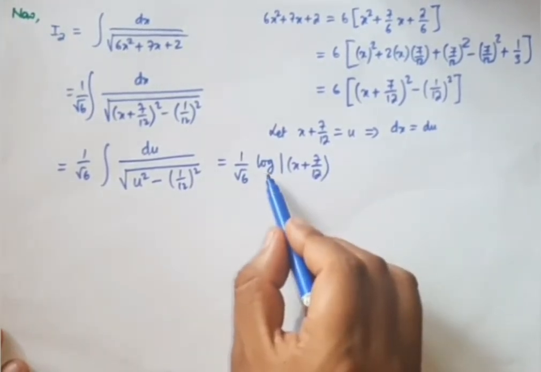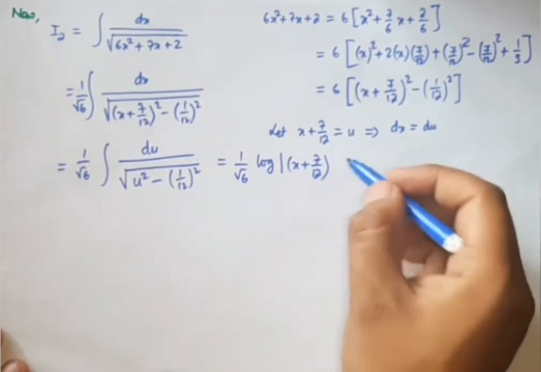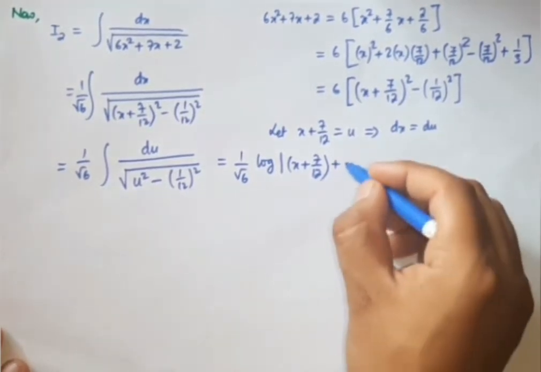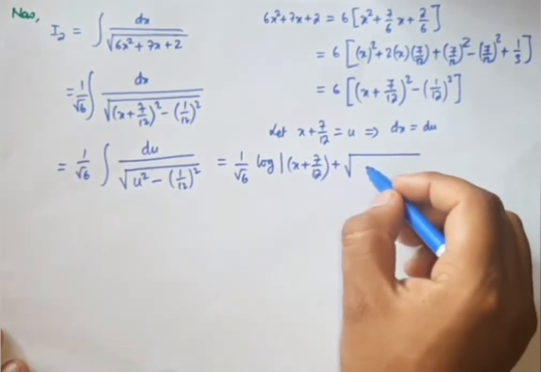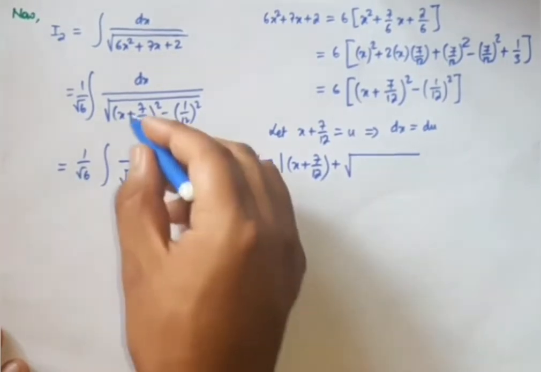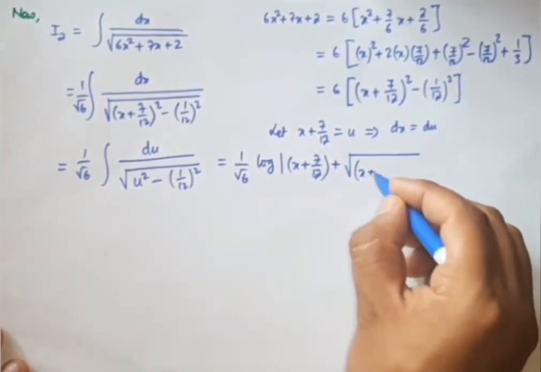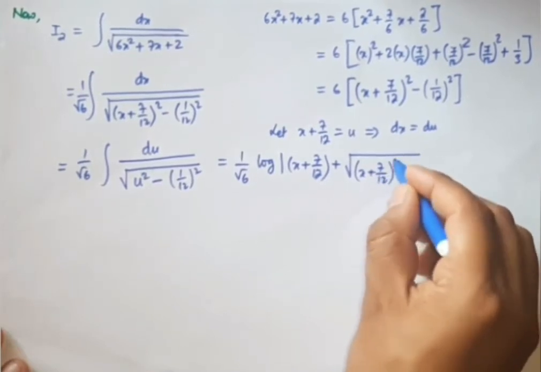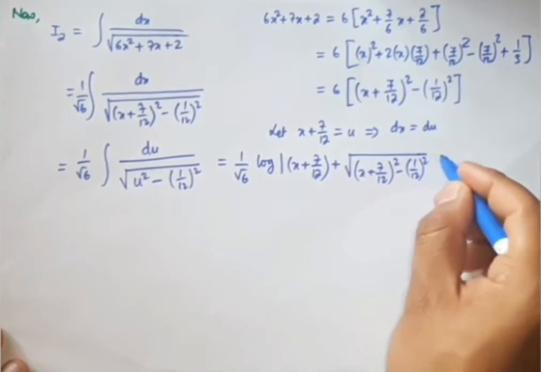So log of u plus square root of u square minus 1 by 12 square, that is x plus 7 by 12 whole square minus 1 by 12 whole square.